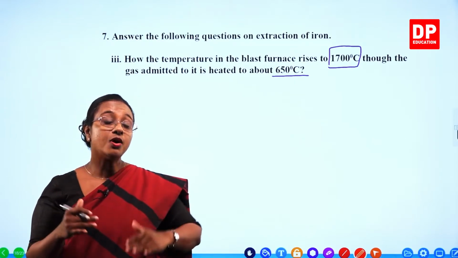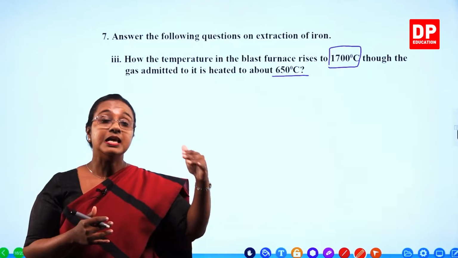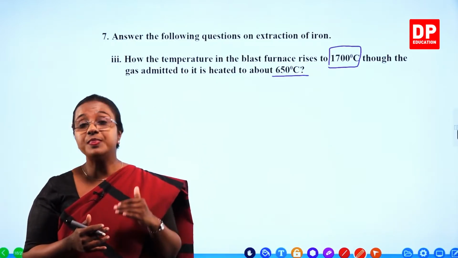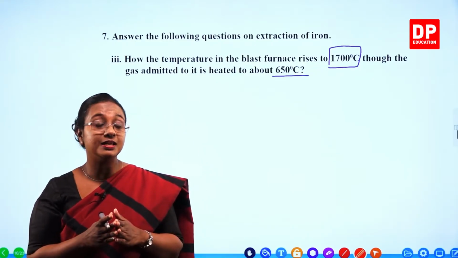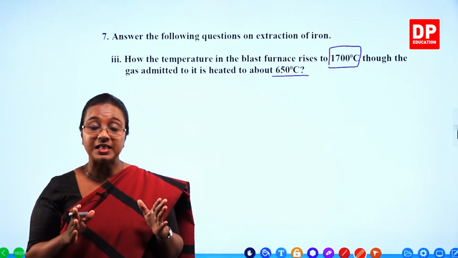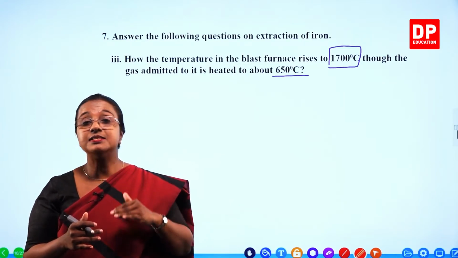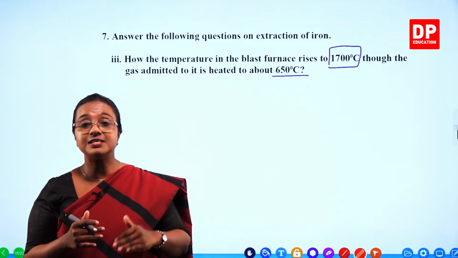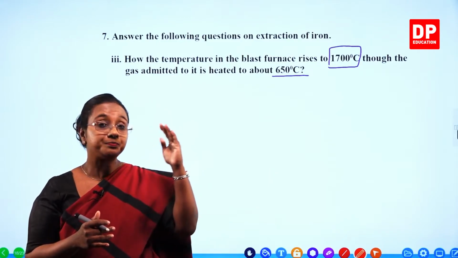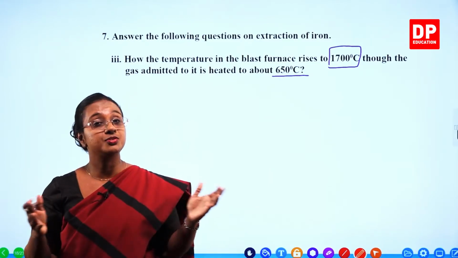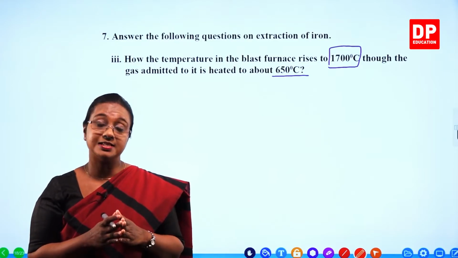Now when this hot air blast is sent in, the temperature ranges from 1000 to 1900 degrees Celsius. You can remember that. At the bottom, it is about 1900 degrees Celsius. As you go up, the temperature decreases to about 1000 degrees Celsius.